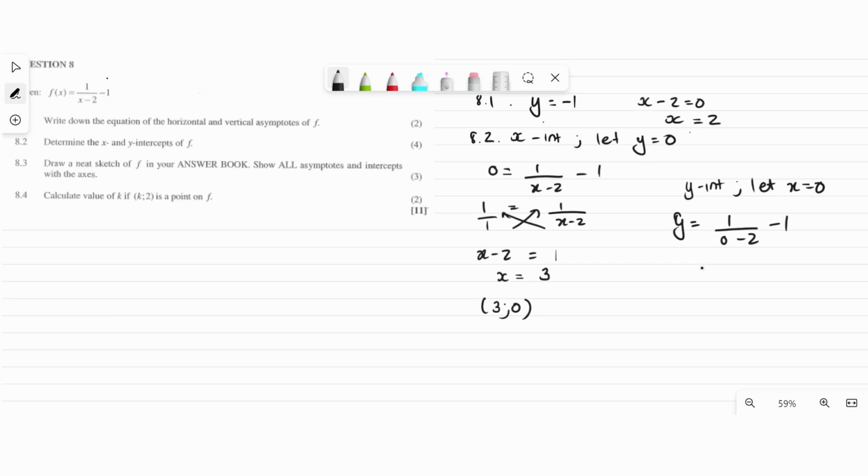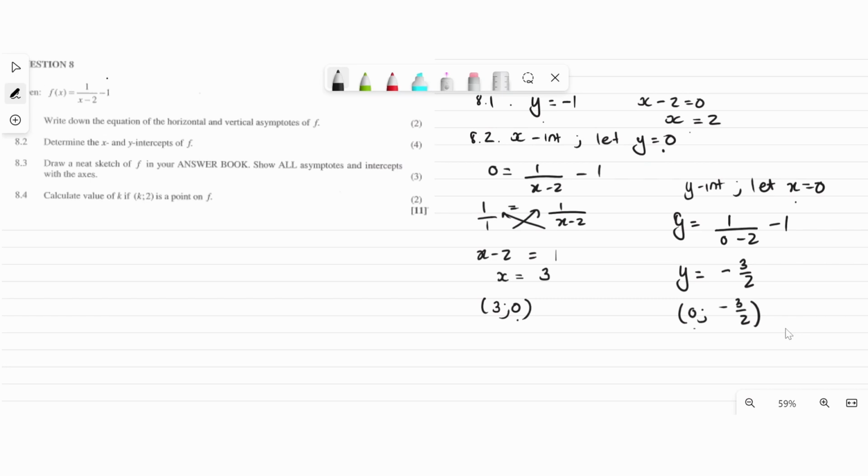Then when you punch this into the calculator, you're going to get y equal to negative 3 over 2. So your coordinate here is going to be 0 and negative 3 over 2. If you were wondering where I got the 0 here, it's because I made y equal 0, and why I got 0 here is because I made x equal 0.